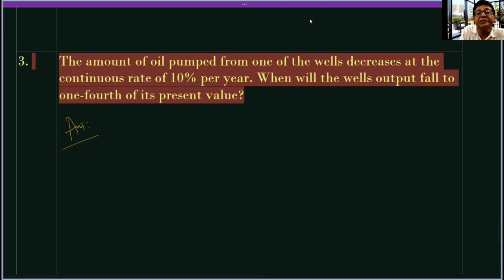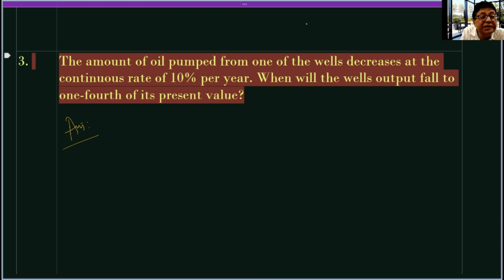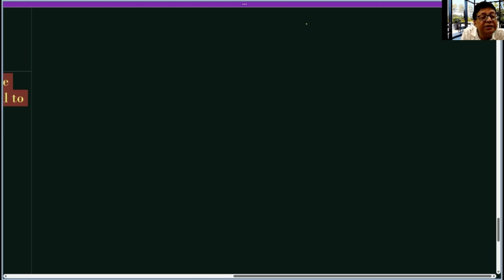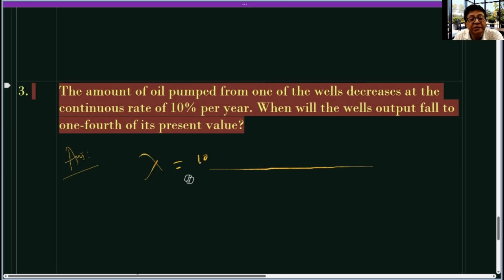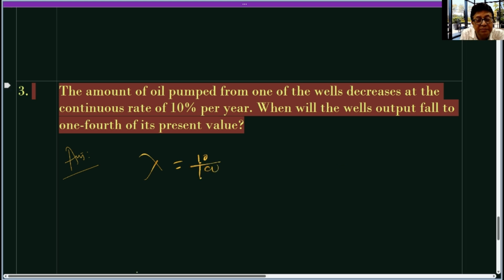This continuous rate means that it is the decay constant. This rate is always the decay constant. So lambda is 10 by 100. Agree or not? This lambda is 10 divided by 100, one by 10.